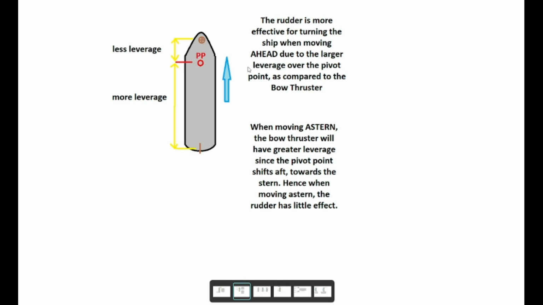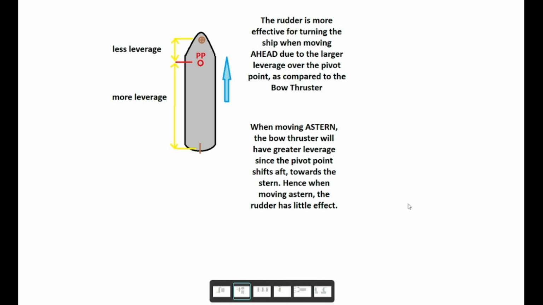So if you're doing 3 or 4 knots through the water ahead and you're trying to use the bow thruster to turn, you're not going to have much leverage, and you will not see much effect when that is happening. Whereas if you use a rudder, when you're doing 3 or 4 knots, you'll have a much better chance of being able to turn that vessel.